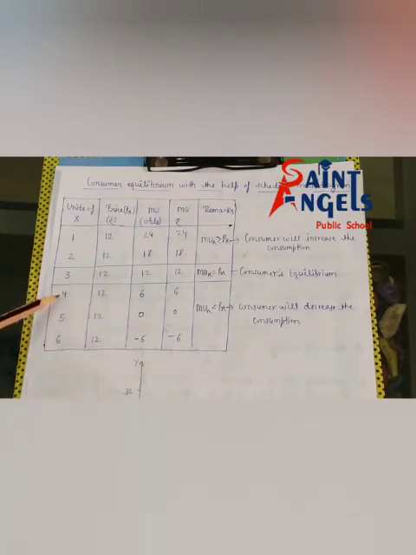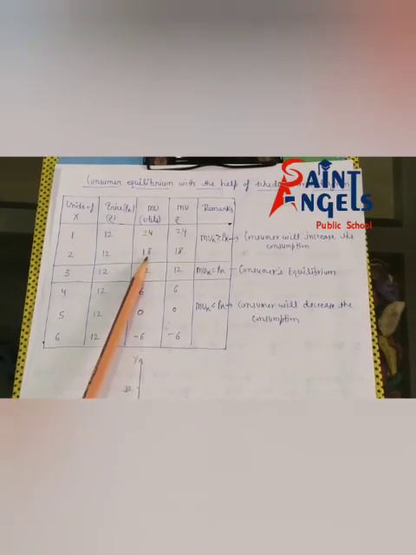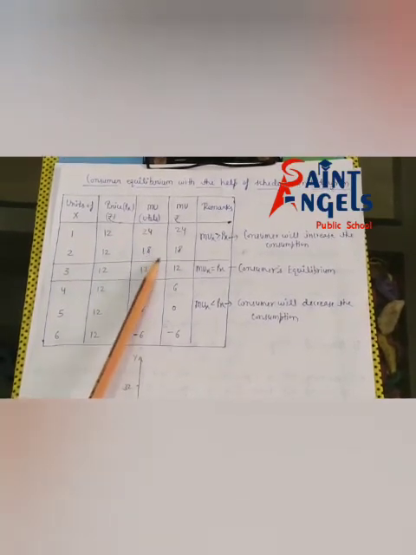Suppose you want to show consumer equilibrium at the 2nd unit, it means that you will put 12 here according to price, because price is 12. I hope it is clear.